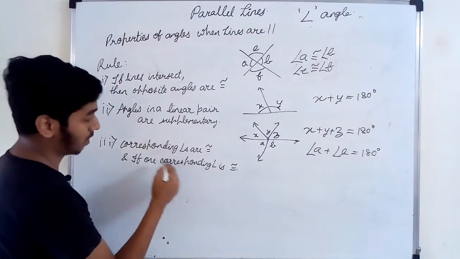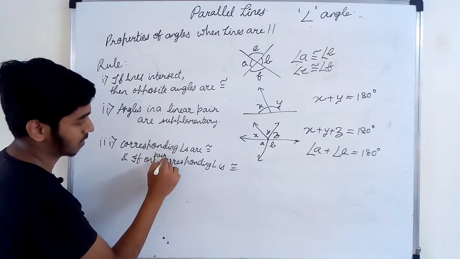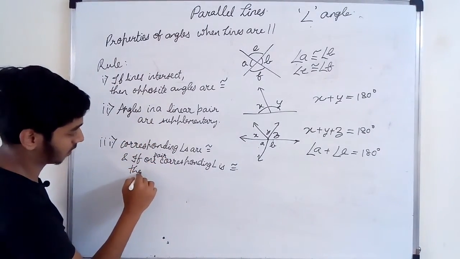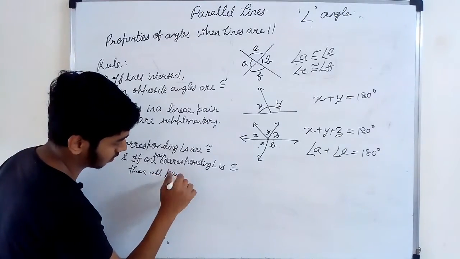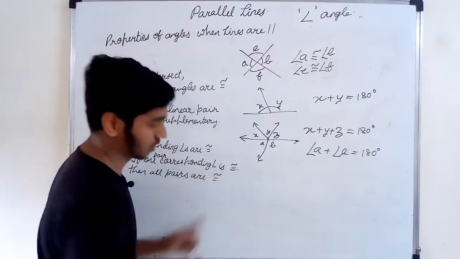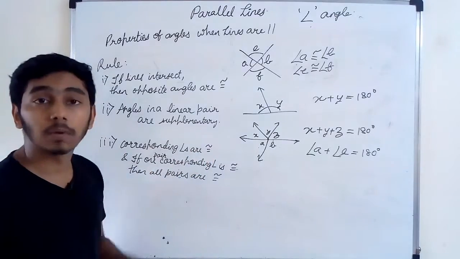So if one pair of corresponding angle is congruent, then all pairs are congruent. Okay, so that is all about corresponding angles.